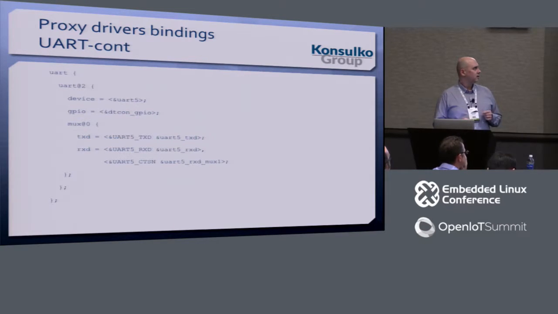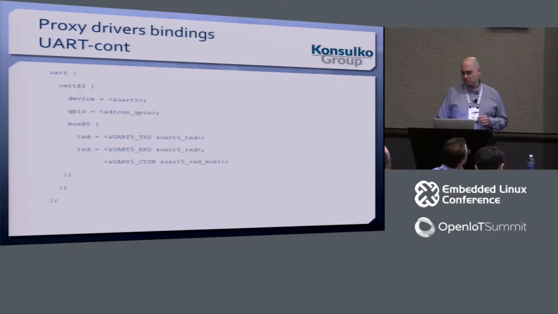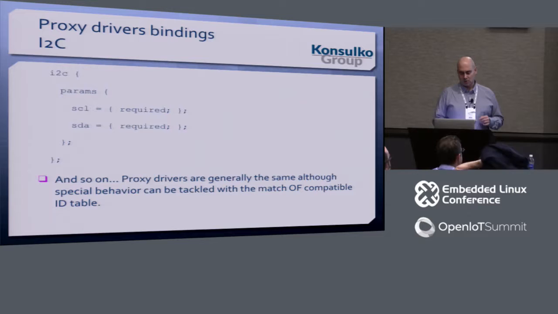And for the RXD parameter, you have 2 options: you can either connect it to the UART5 RXD or UART5 CTSN pin on the connector, and those are the muxing options.